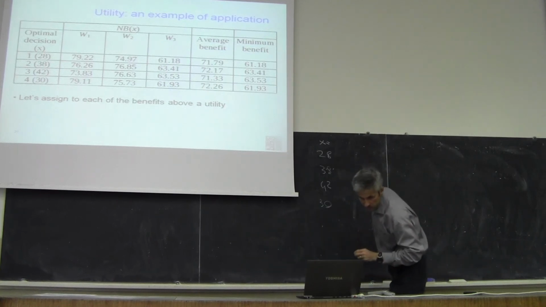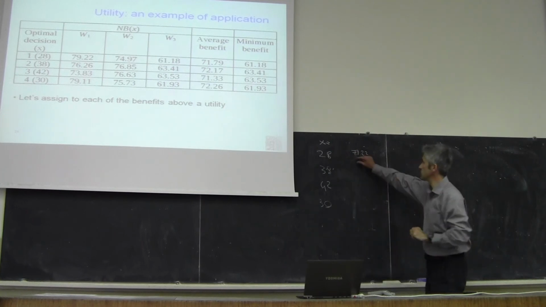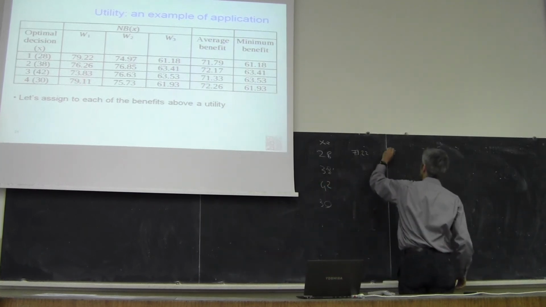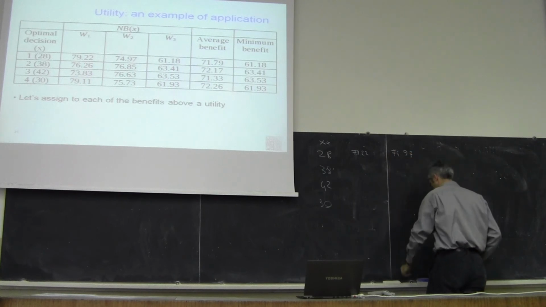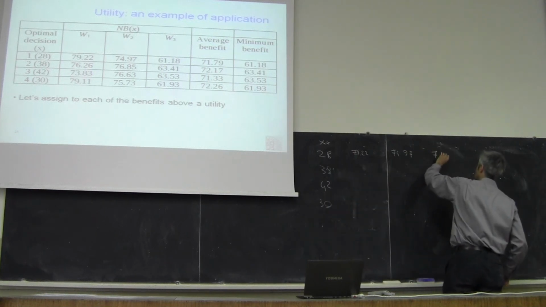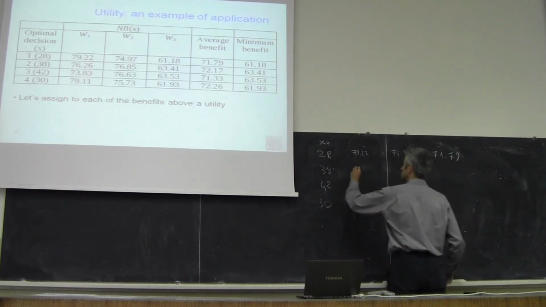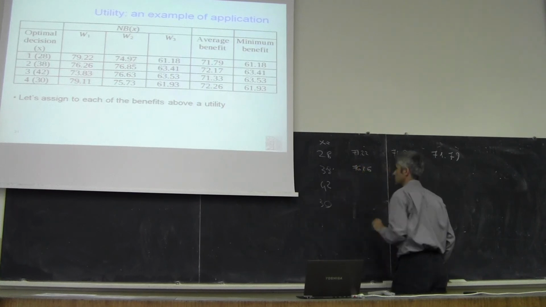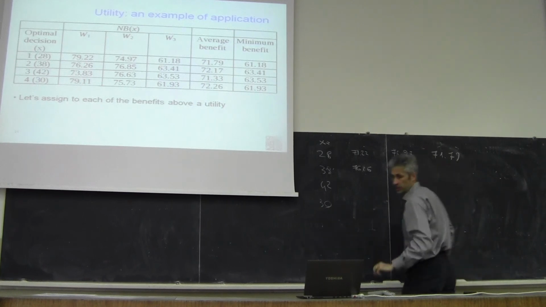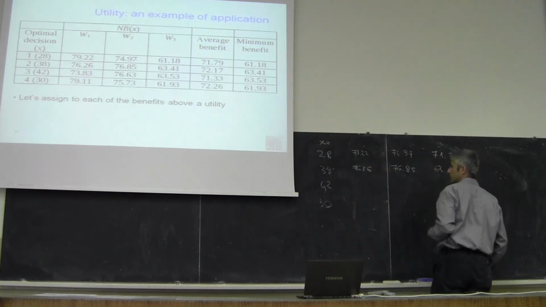And the benefits are, I'm just copying: 79.22, and I leave a space here because I want to put the utility here. Then 74.97, and the third one is 71.79. Second, 66.26, and then 76.85, and then 63.41.